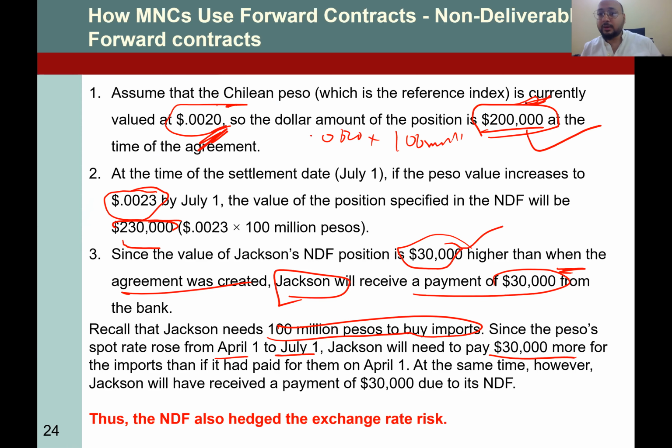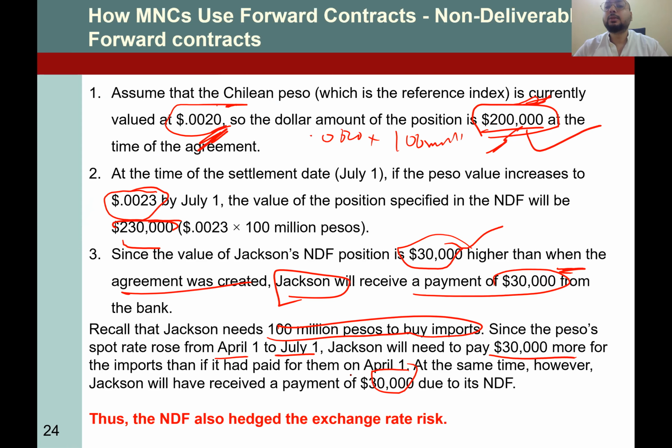So from Jackson's pocket, $200,000 will be used as a cash outflow. The remaining 30,000 will be received from the bank and added to his pocket of 200,000, and then will go to the open market and purchase 100 million Chilean pesos.